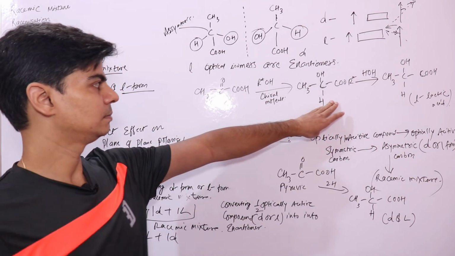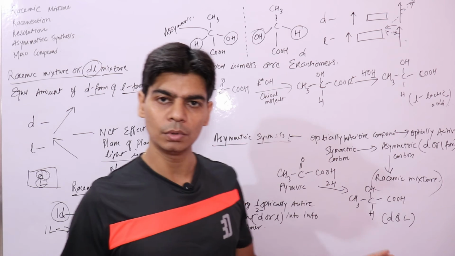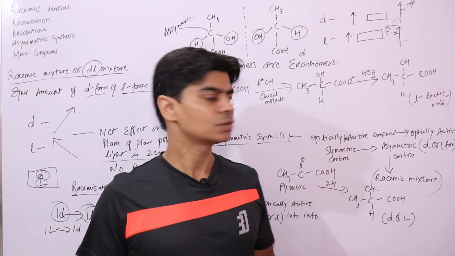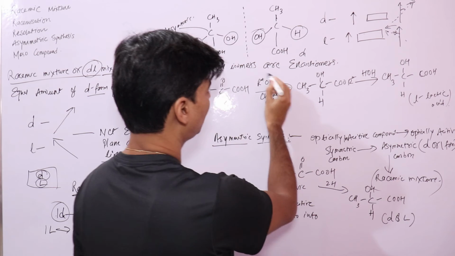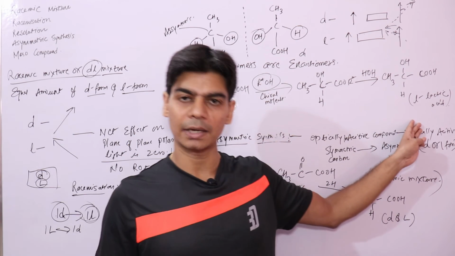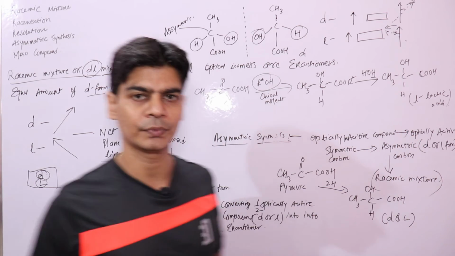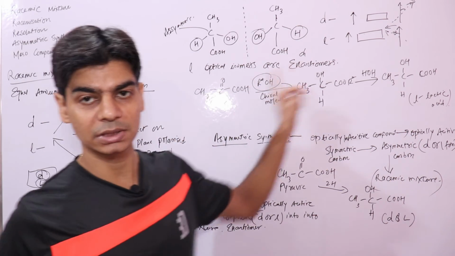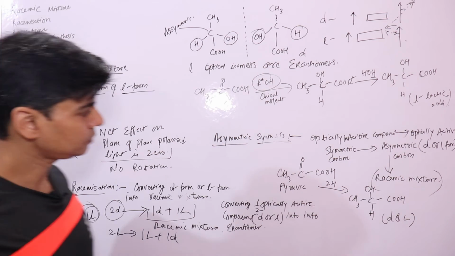So in this reaction, when asymmetric synthesis is carried out in the presence of a chiral molecule, here this ROH is a chiral molecule, then what you will get is an optically active compound, a single isomer, either a D or an L isomer. It will not result in a racemic mixture like here, right?